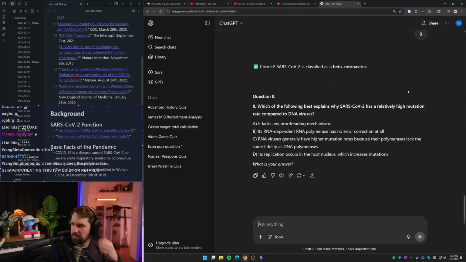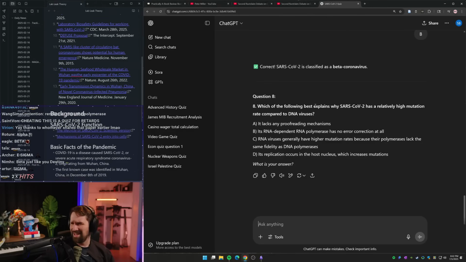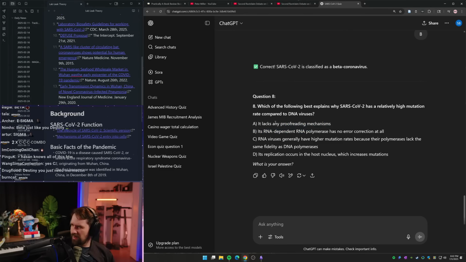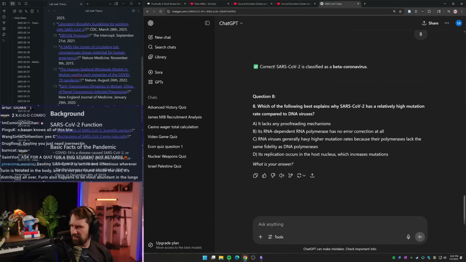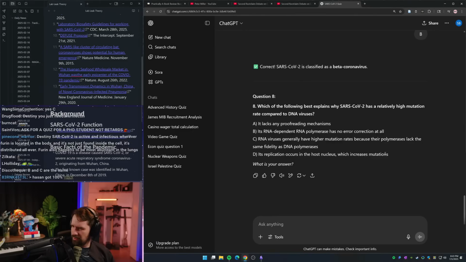Which of the following best explains why SARS-CoV-2 has a relatively high mutation rate compared to DNA viruses? It lacks any proofreading mechanisms. It's RNA-dependent RNA polymerase, there's no error correction at all. Are these the same thing? RNA viruses generally have higher mutation rates because their polymerases lack the same fidelity as DNA polymerases. Its replication occurs in the host nucleus, which increases mutations.